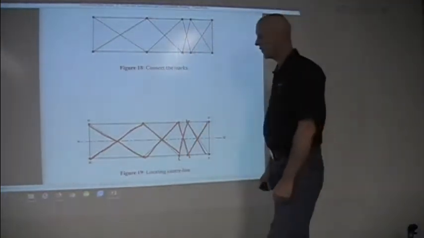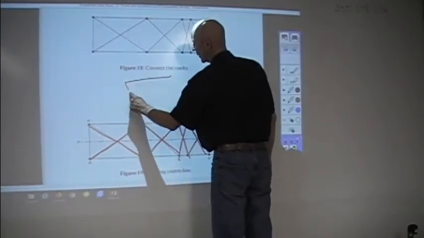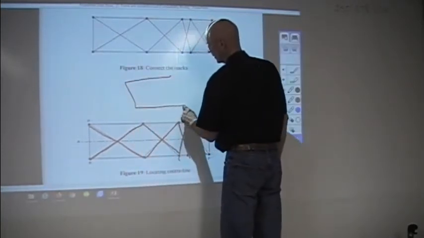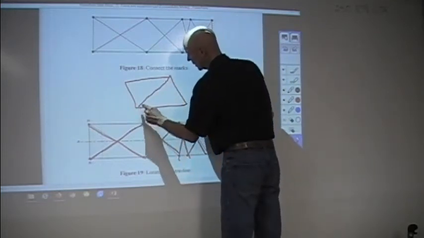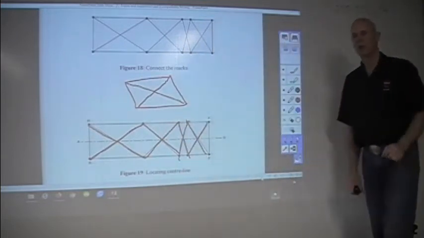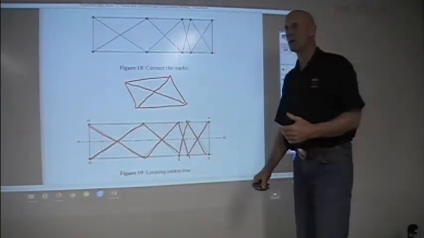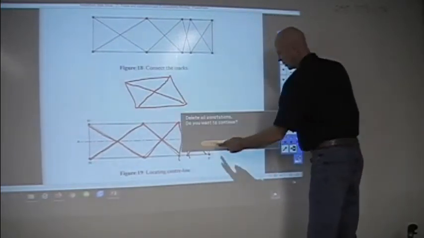But if we start to find that one is longer than the other, we end up with something like this, because this distance here is going to be shorter than this distance here. So we know that we have a problem with the frame. And can we fix it? Of course we can. We can do anything.